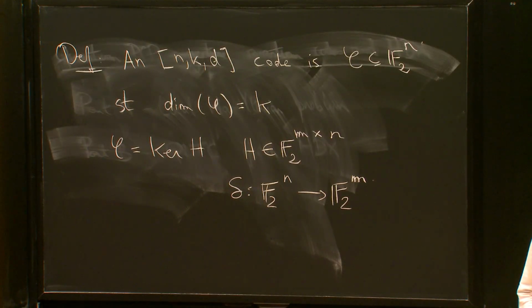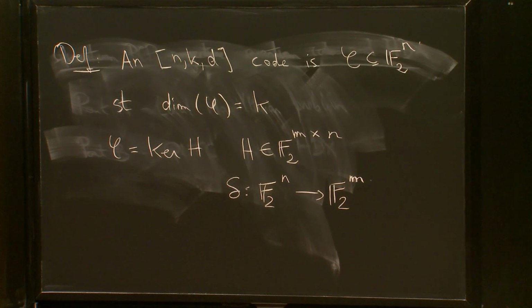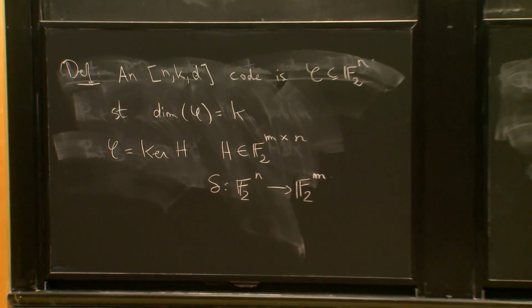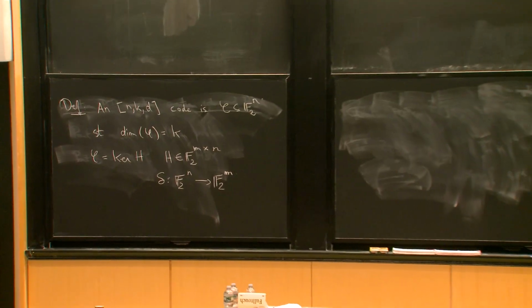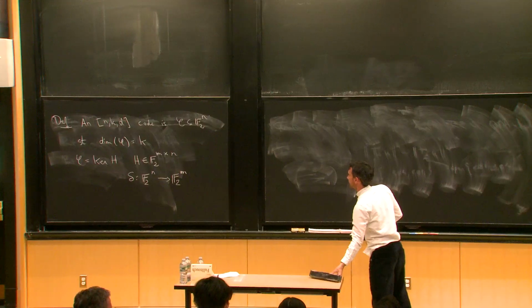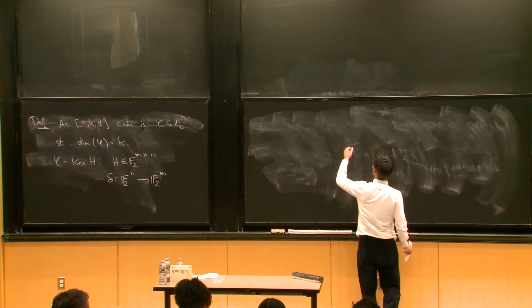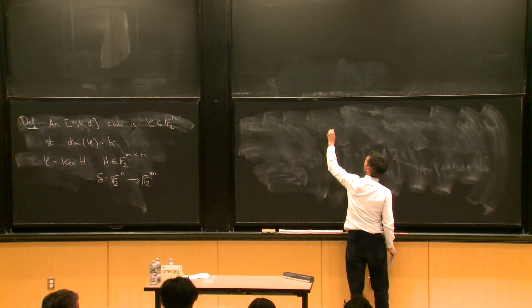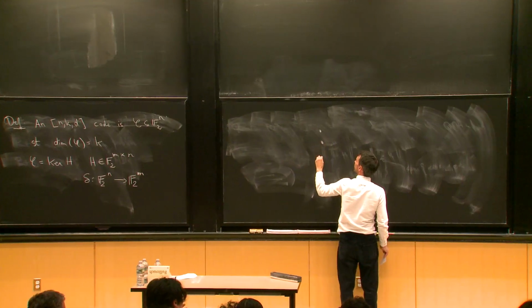So I want to draw an example. One way to draw my code is through what's known as the Tanner graph. So I can represent here the bits of the code.